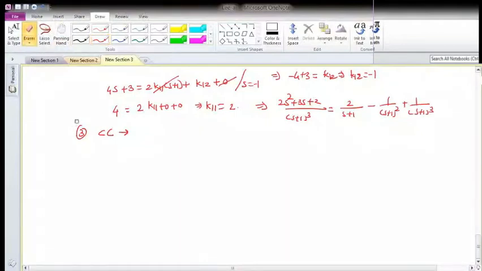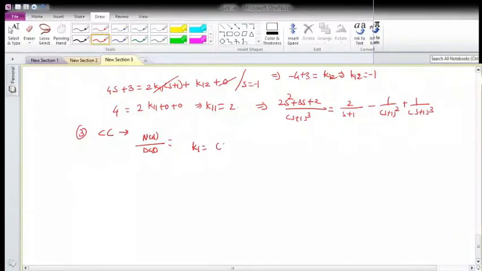Okay, this is the same process, so let us directly go with the complex conjugate pair. How can we write it? Say I have a numerator over a denominator like this, and I know the term is alpha plus or minus j omega. I would like to evaluate the value k1.